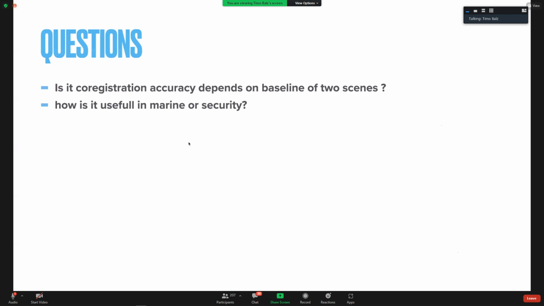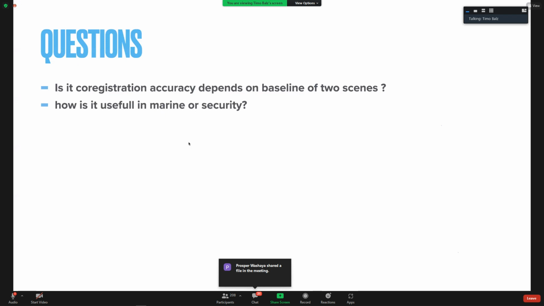However, aside from scenes with really strong topography, really huge mountains and topographic differences, it is typically rather straightforward to co-register the scenes.